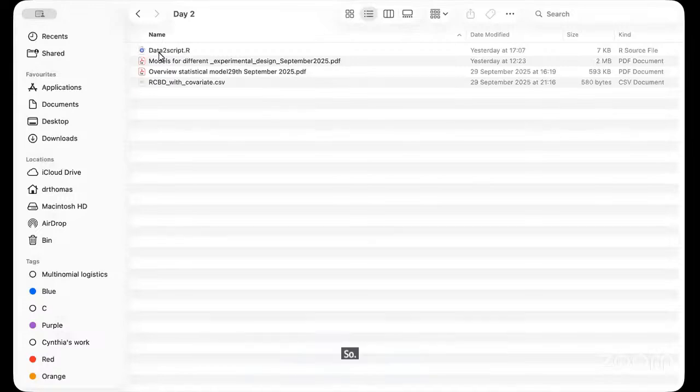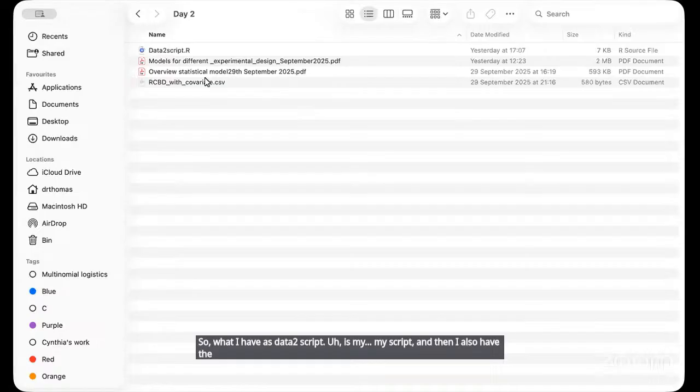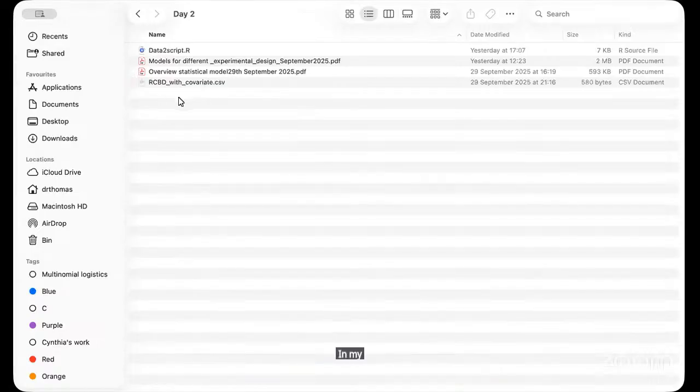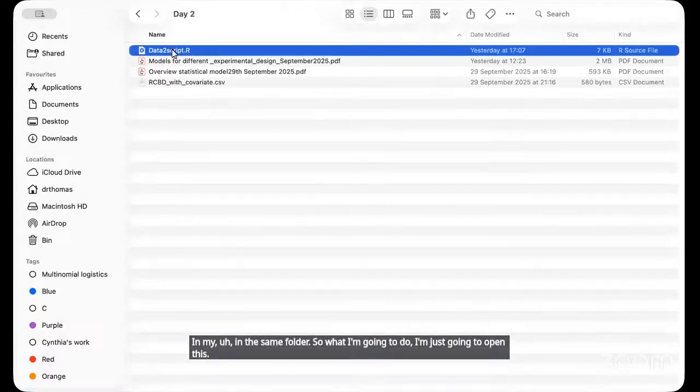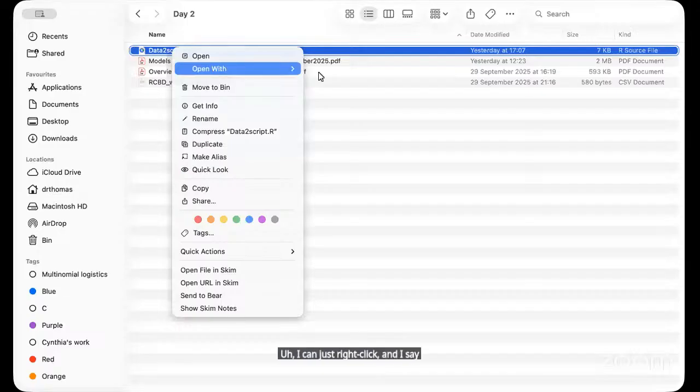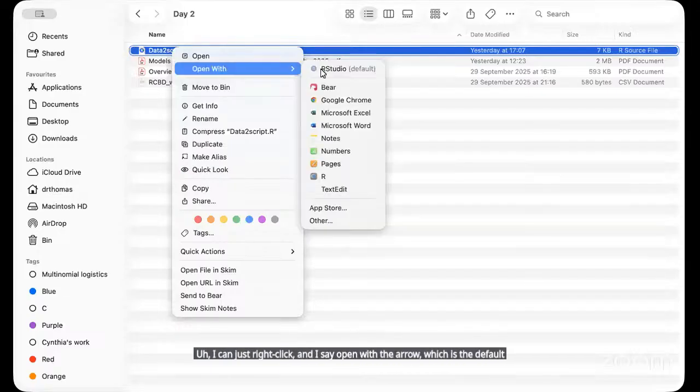So what I have as data2 script is my script, and I also have the data set in the same folder. So I'm just going to open this. I can right click and say open with RStudio, which is the default.